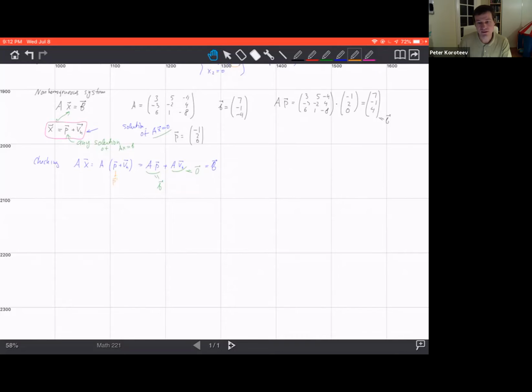But now you should see why this is the case. In fact, it's a general phenomenon. Later, when you study other topics in mathematics, like differential equations, there's a similar statement. There is a notion of a homogeneous equation, when there's a 0 on the right-hand side, and an inhomogeneous equation, when there's some function on the right-hand side.